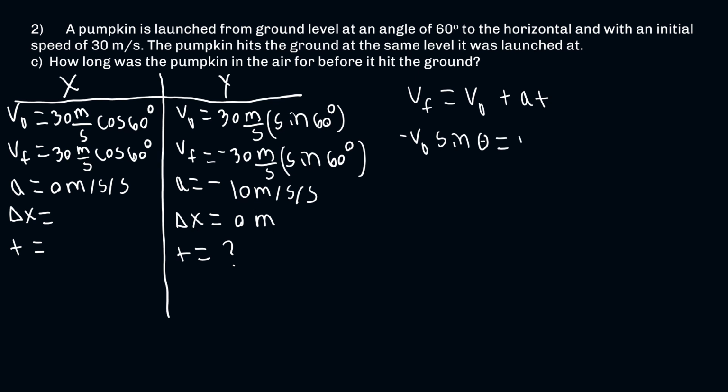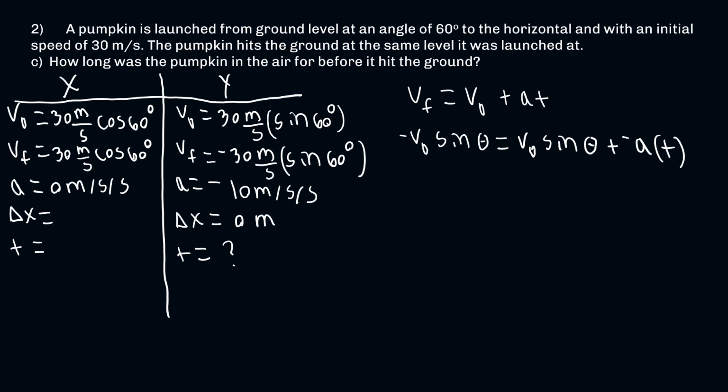That is then equal to my initial velocity, v naught, times sine theta, plus, and since my acceleration is negative, I'm going to give this a negative a times t.